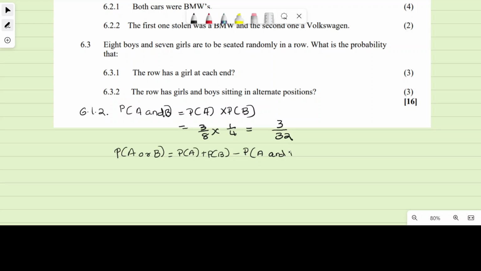That was the general formula we learned. So we have everything on the right hand side. P(A) is 3 over 8 plus 1 over 4 minus 3 over 32. That was P(A and B). So which is equal to 17 over 32. That is our final answer. Okay.